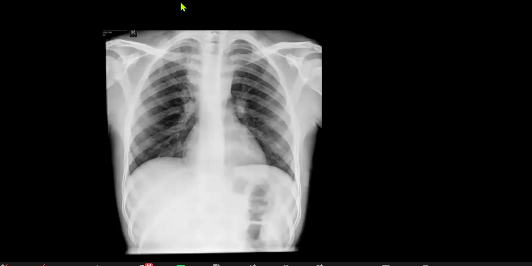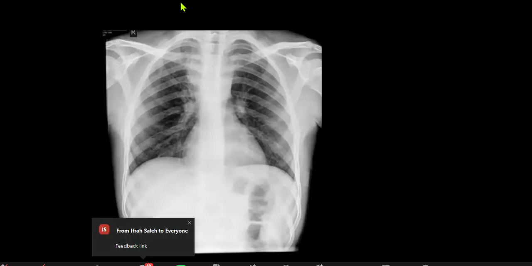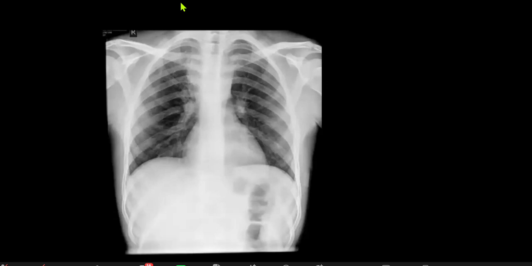So I'd correlate with the clinical history, if there's any history of recent travel, and I'd also correlate with the patient's blood markers. If the ACE is elevated, that may be more in keeping with sarcoid, and I'd recommend referral to the chest physicians and acid fast bacilli staining if there's concern for TB.